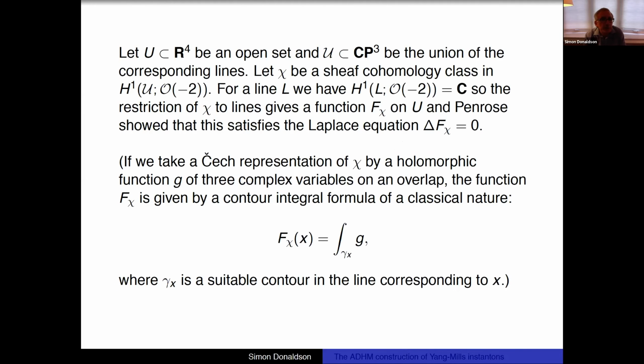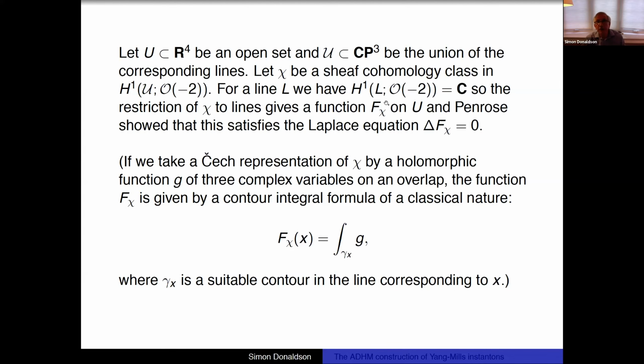So this is just a really local discussion initially. If we just take an open set in R4, we can take the corresponding open set in CP3, just the union of all the lines corresponding to our open set in R4. So let's call that script U. So if we have a sheaf cohomology class in H1 of the script U with coefficients in the bundle O minus 2, then we can restrict that to any line in our family.